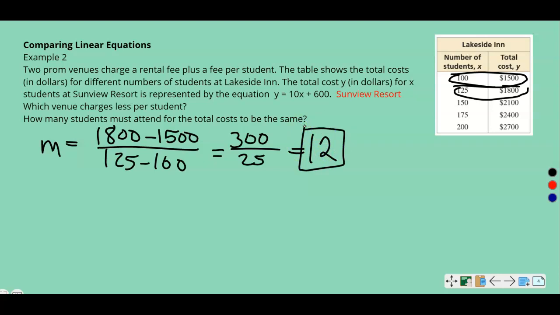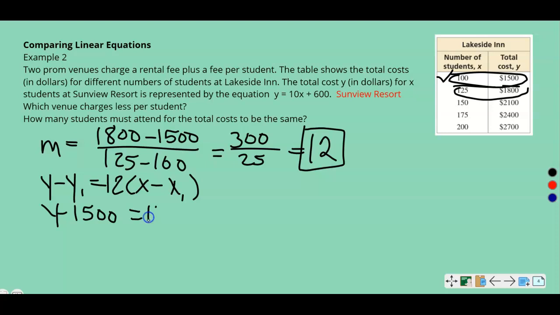Now we don't have a y-intercept, but we have all these points. So let's take one of the points and use y minus y1 equals our slope times x minus x1. So all we have to do is use point slope form, and then we can choose a point. Let's just use the first point here. So our y value is 1500. So we're going to say y minus 1500 equals 12 times x minus the x, which is 100 students for that point.